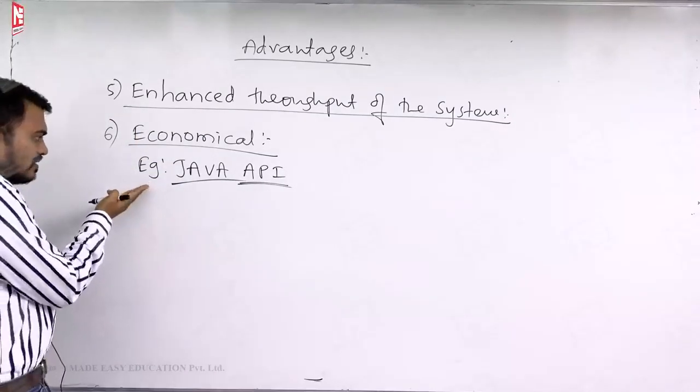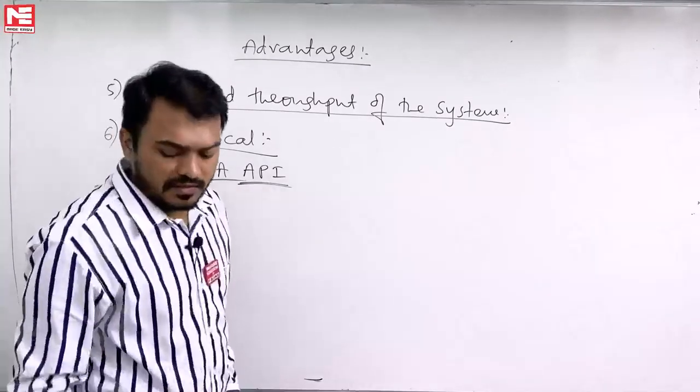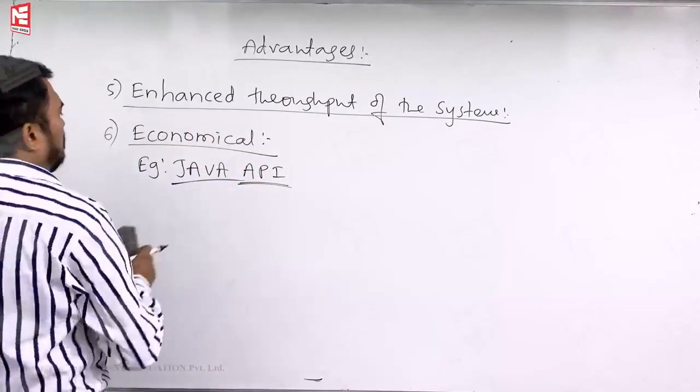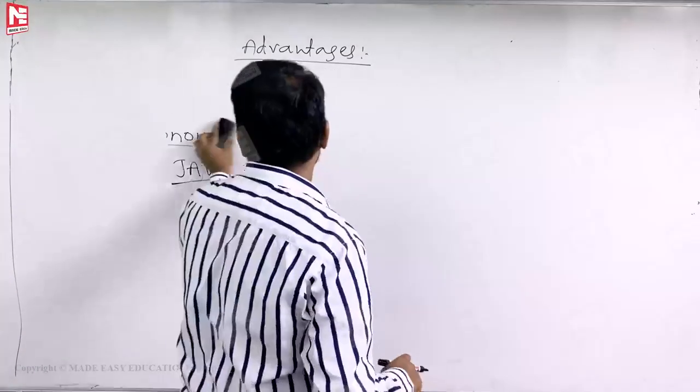Example: Java API. Copy that. Is that clear for everyone? So that is the enhanced throughput of the system.